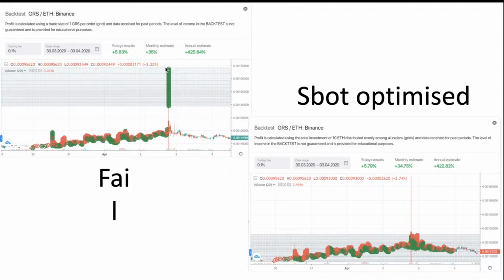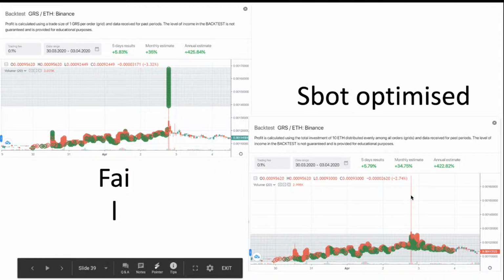You don't want to buy high and sell low. The idea is to buy low and sell high. And with the optimization that we have in SBot, you see that it didn't capture this pump momentum. So you see the smooth price action right here.